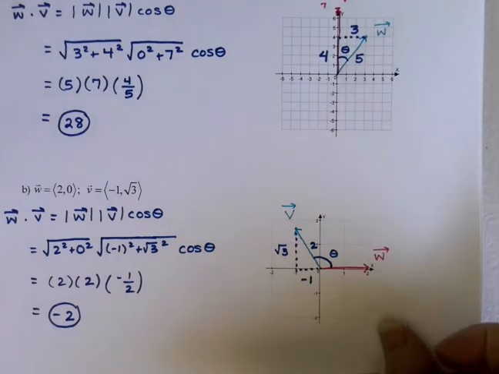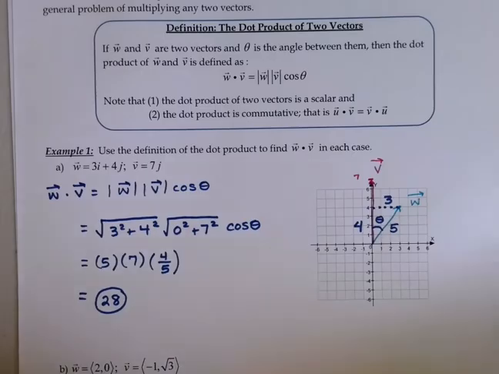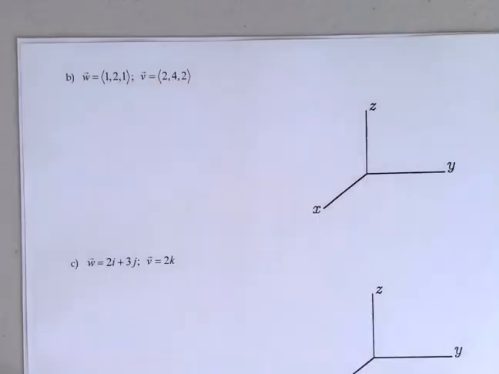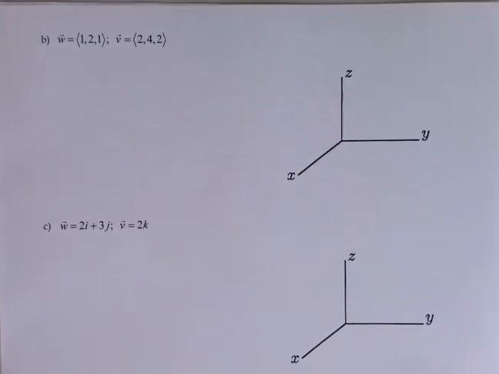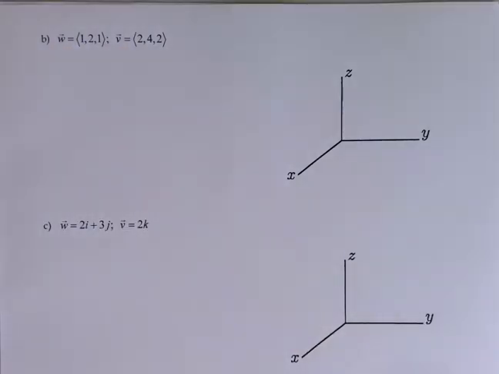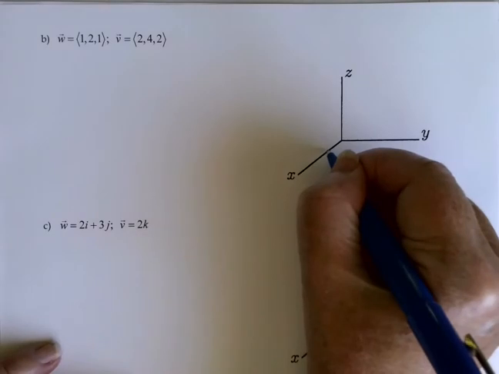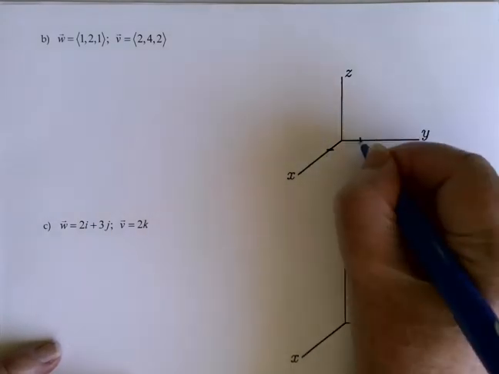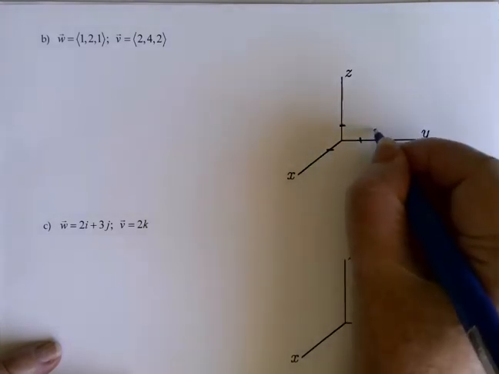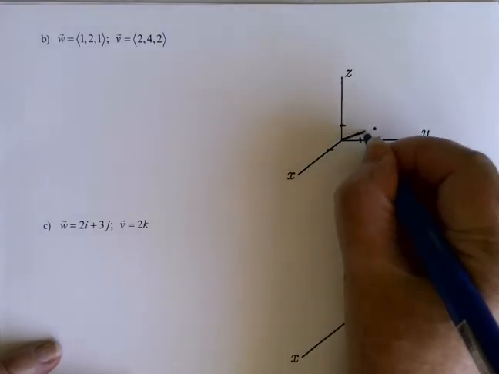All right, let's try a couple of three-dimensional examples. Here we've got a W and a V, and I'm really not going to make much of an attempt to draw them super accurately. I'm kind of going to wing it, to be honest with you. W is 1 in the X, 2 in the Y, 1 in the Z, so maybe around there.